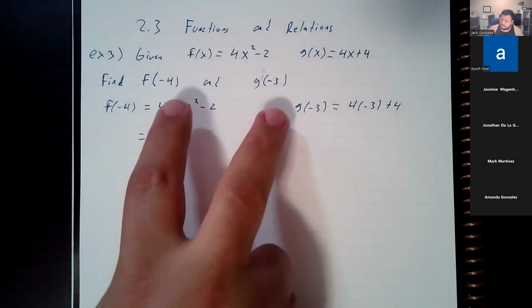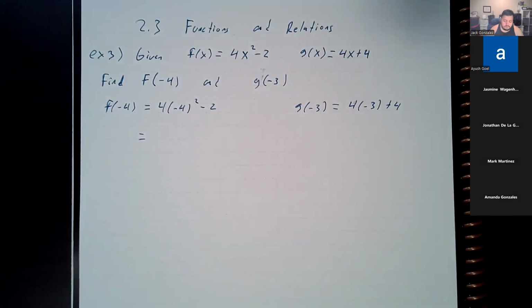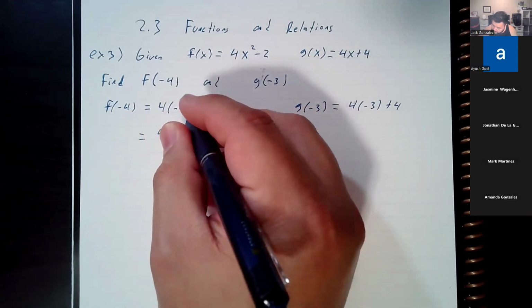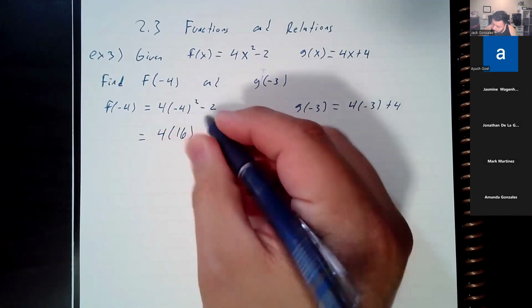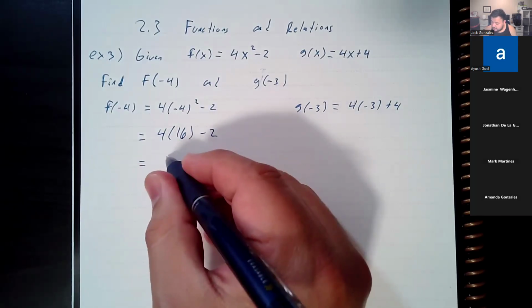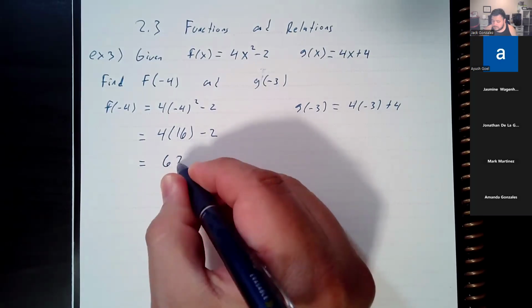So they're just asking us to find these two things. 4 times 4 is 16 minus 2. 4 times 16 is 64 minus 2, 62.